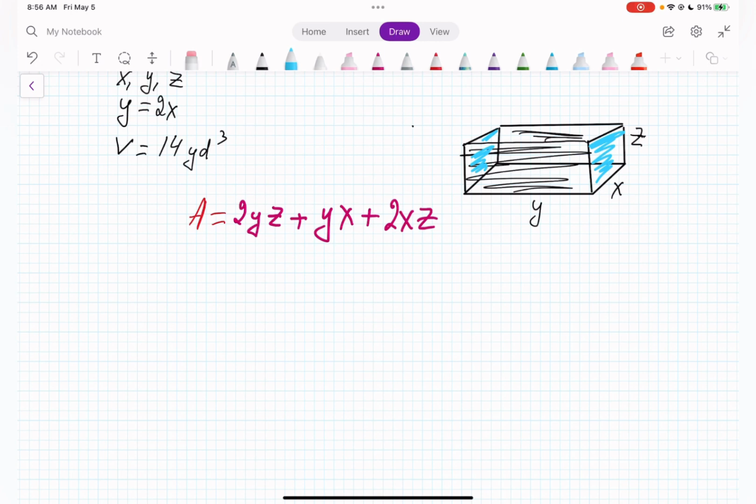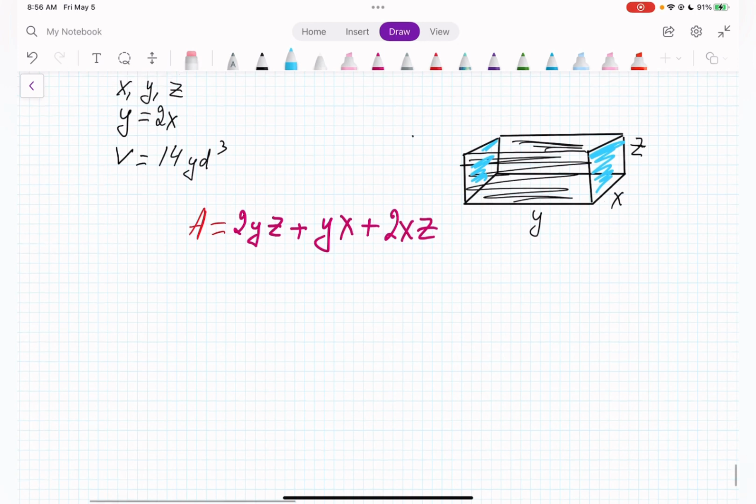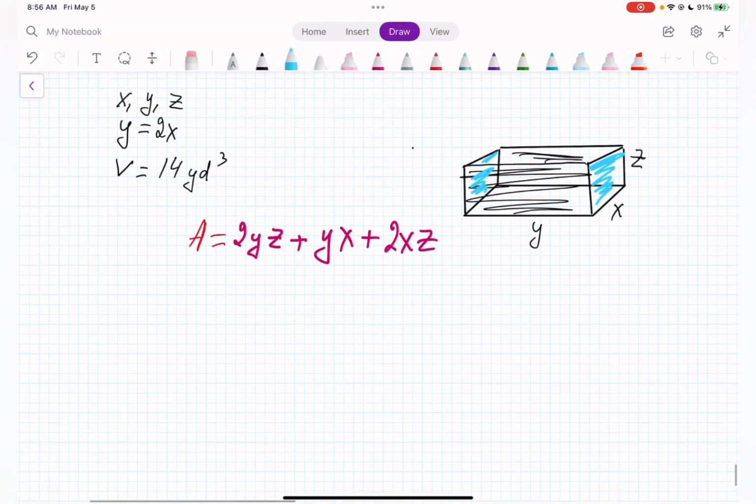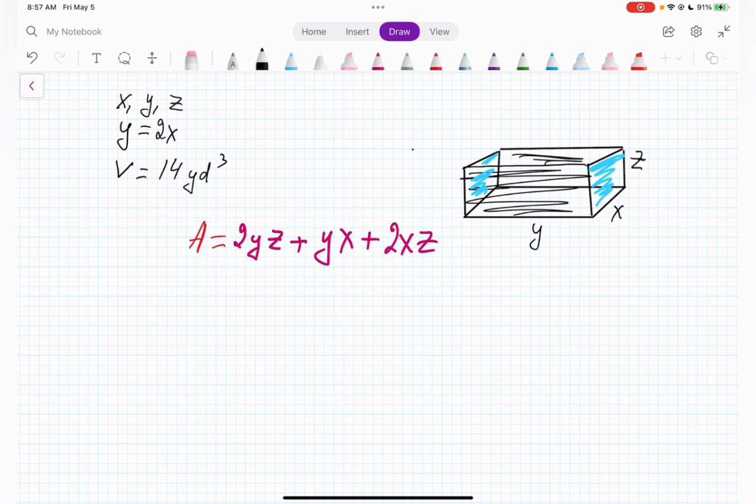Okay, all right, so 1, 2, 3. Okay, so let's replace the length y. It's going to be 2 times, instead of y, 2x times z. Plus, instead of y, 2x times x. And plus 2xz.